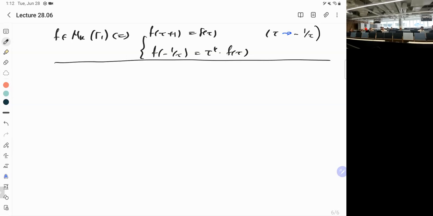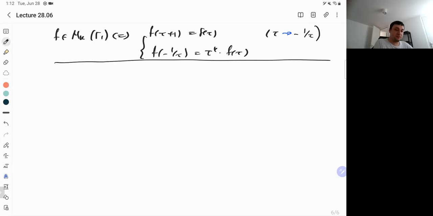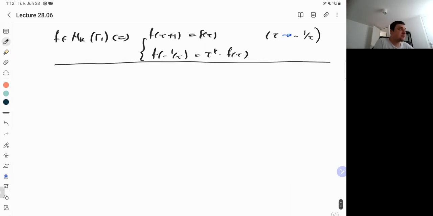I wanted to ask, is there a link between the representations of SL2, something like the Peter-Weyl theorem, and modular forms, that any function can be decomposed in modular forms if it is something kind. Well, yeah, there is.